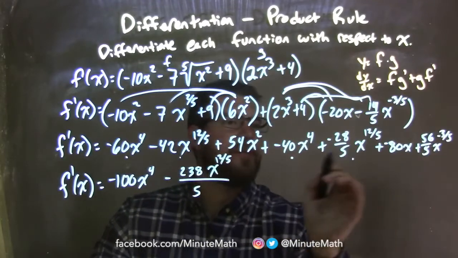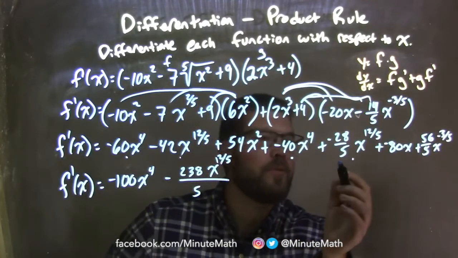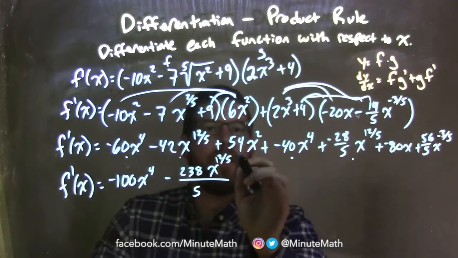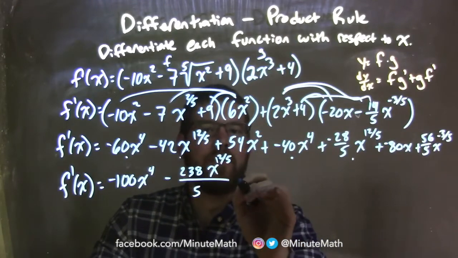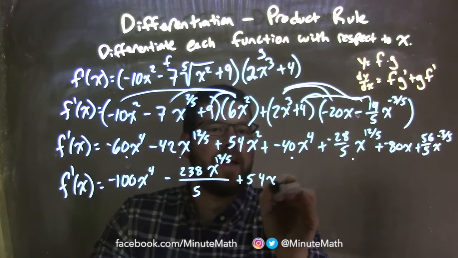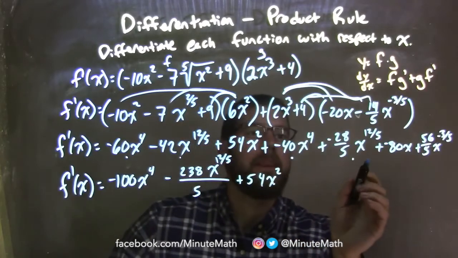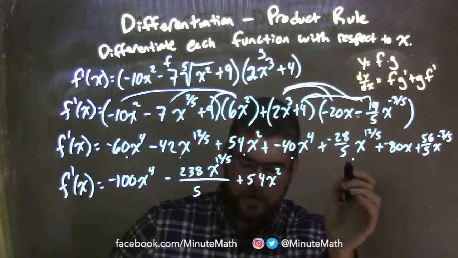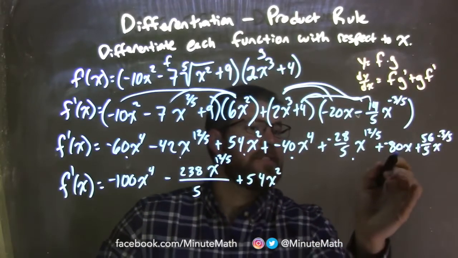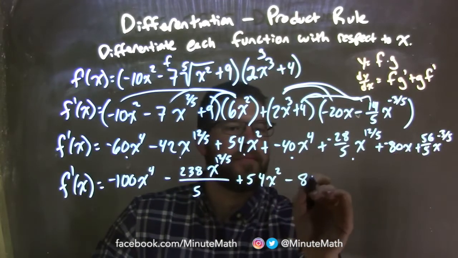We got those, the 12/5 power. Next one here is the squareds. The only squared one I see is 54x squared, so we have plus 54x squared. Then the next one I see is just the x's, which is negative 80x.